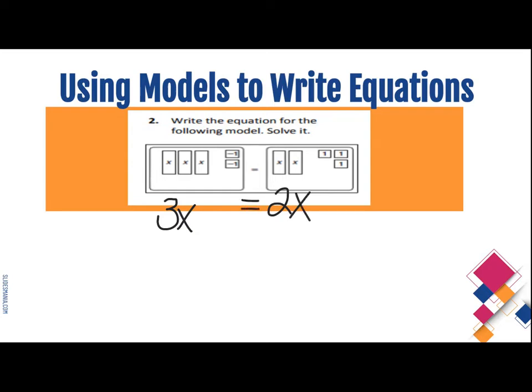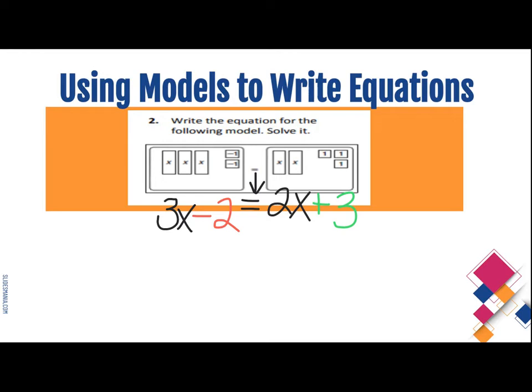There's an equal sign in the middle, which I'm dropping down. Here I have two negative 1's. A negative 1 and a negative 1 makes a negative 2. On the opposite side, I have 3 1's. A 1, a 1, and a 1 makes a 3. My equation says 3x minus 2 equals 2x plus 3.